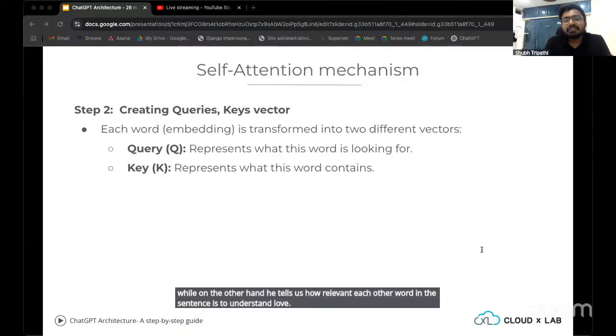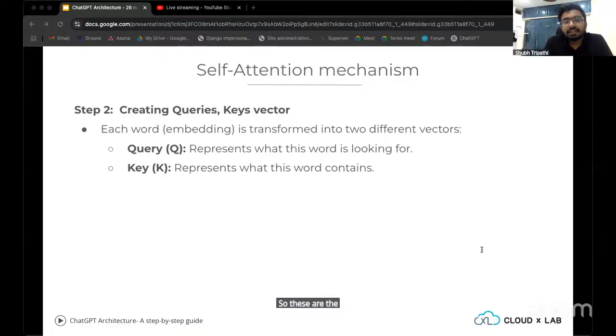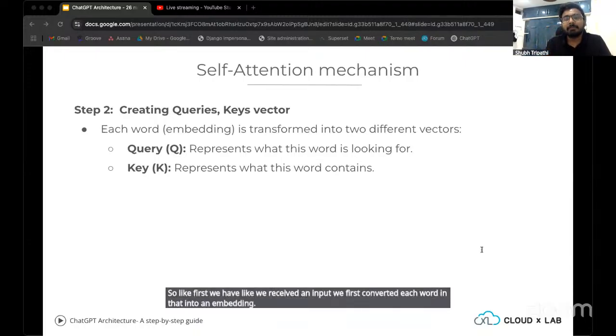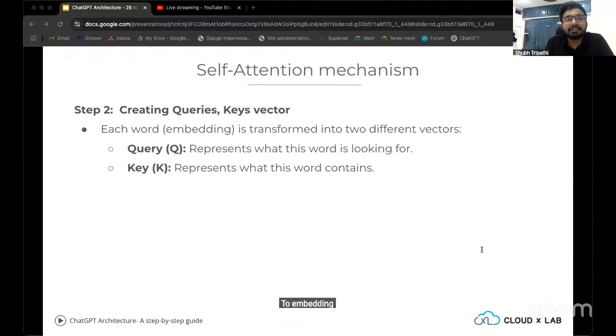These are the two vectors we calculate. Till now we have done two steps. First we received an input. We converted each word in it into an embedding. An embedding is generally a machine representation format of a thing.